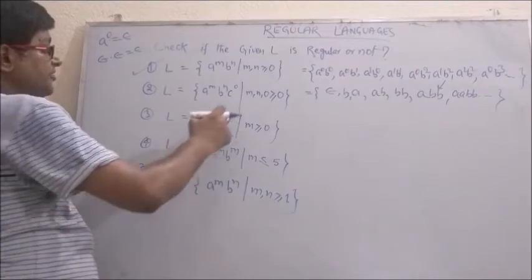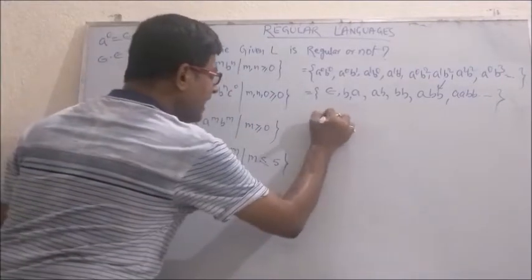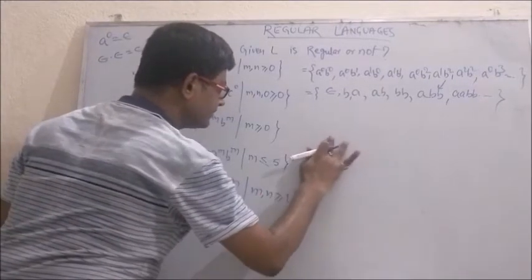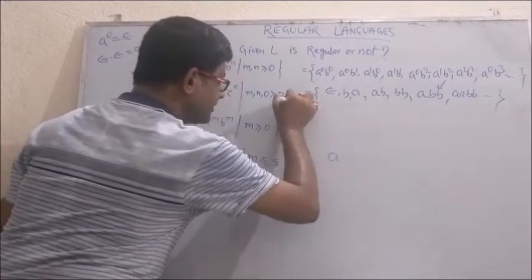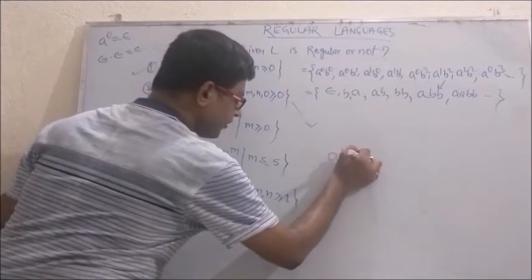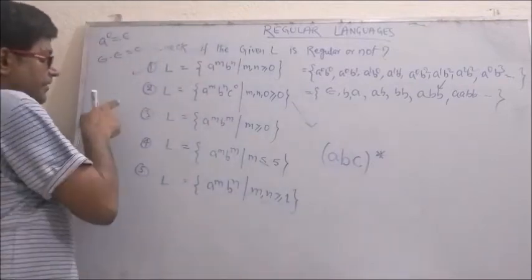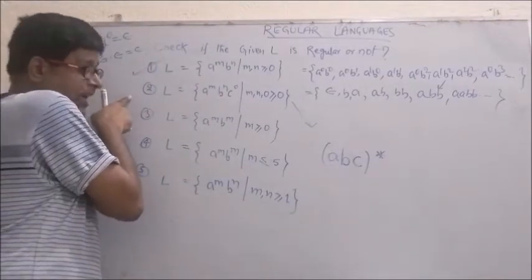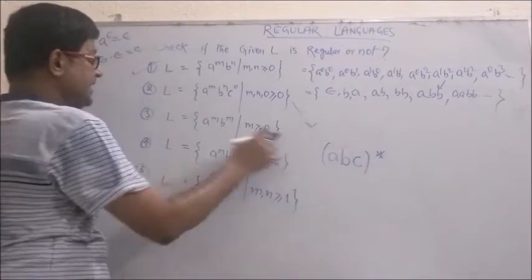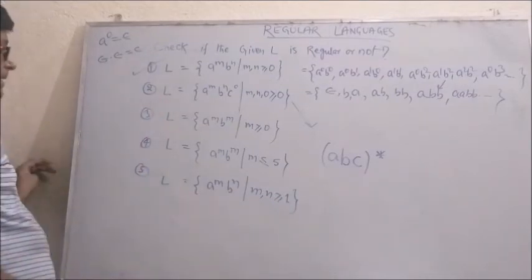But through the previous discussion, we can conclude that this will be any instance of A, followed by any instance of B, followed by any instance of C, with Kleene closure. So again for this example we have constructed a regular expression, which means this is also a regular language.